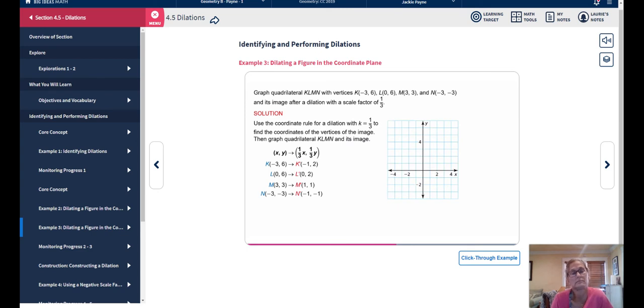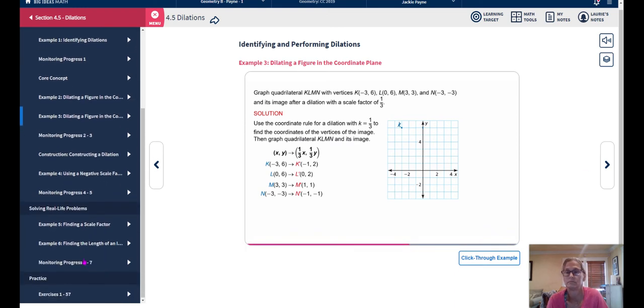Graph quadrilateral KLMN with vertices K (-3, 6), L (0, 6), M (3, 3), and N (-3, -3). Use line segments to connect the vertices to form quadrilateral KLMN.